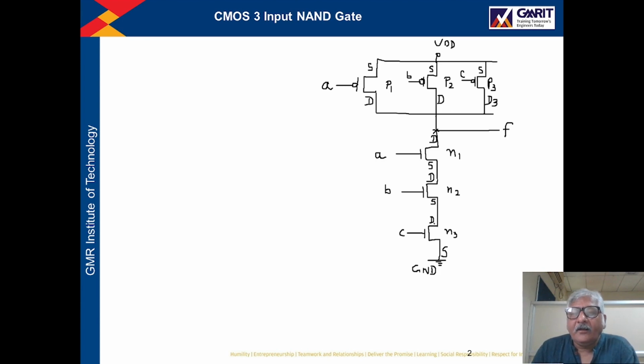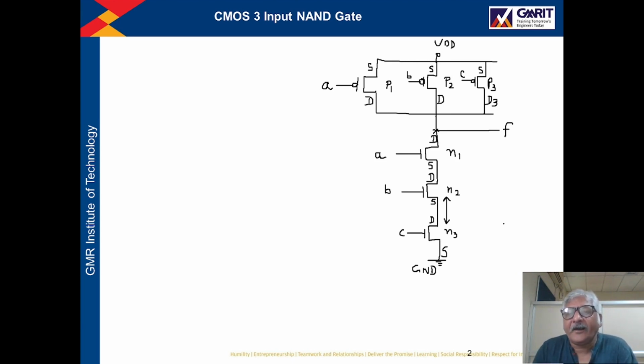Okay. So now here we can see that the source of N2 and the drain of N3 are not directly connected to either VDD or ground or inputs A, B, C or output F, right?